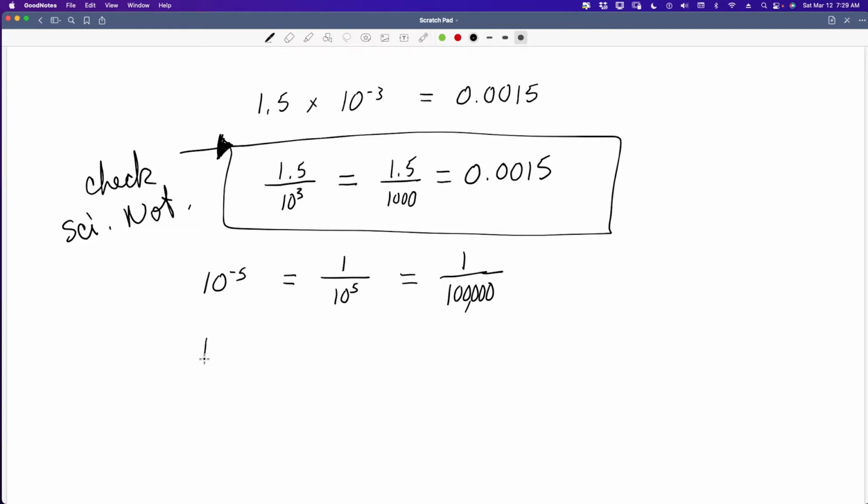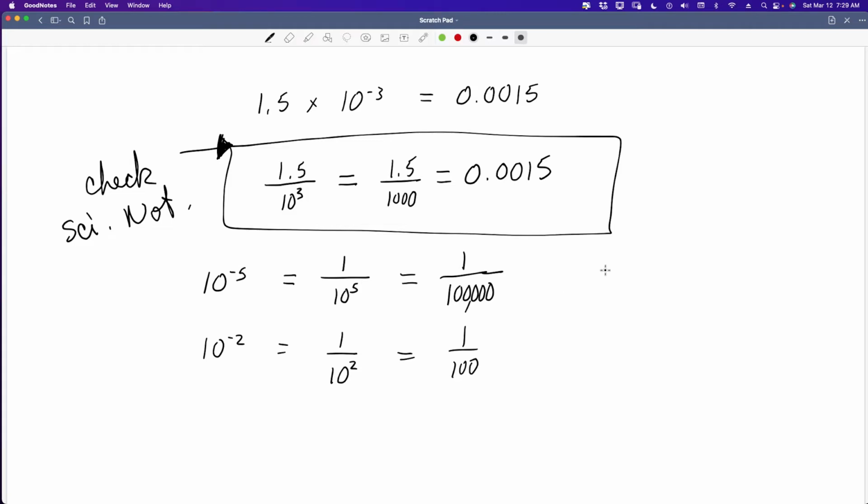If we have 10 to the negative 2, we can say 1 over 10 to the 2. Because remember, in this regard, we're asking for the inverse operation. And the inverse operation of multiplication is going to be division. So that's how that works. So we know this is going to be 1 over 100. And then when you do the division, that tells you the number of decimal places. It's just the number of zeros that you have is the number of decimal places.